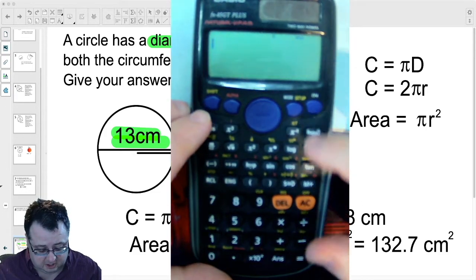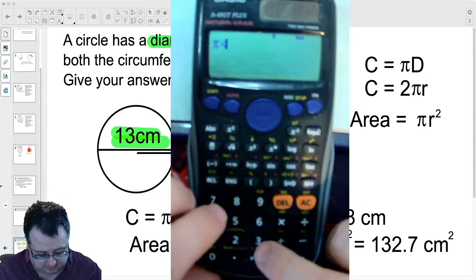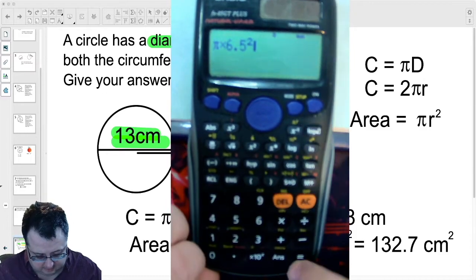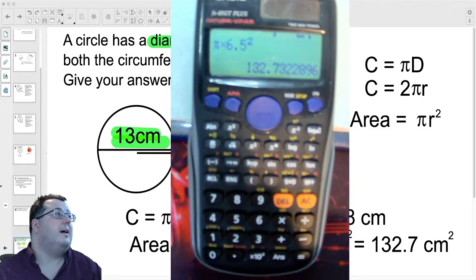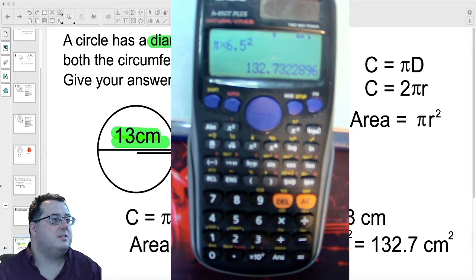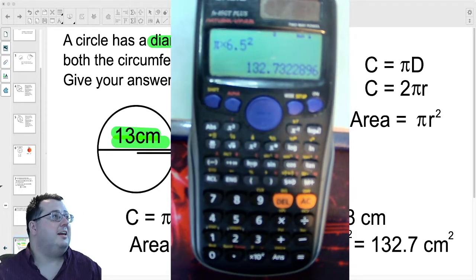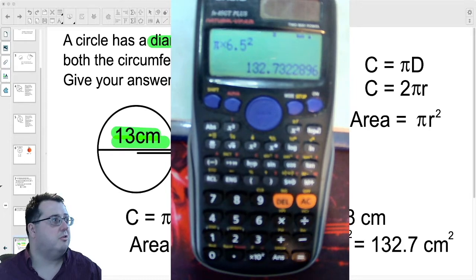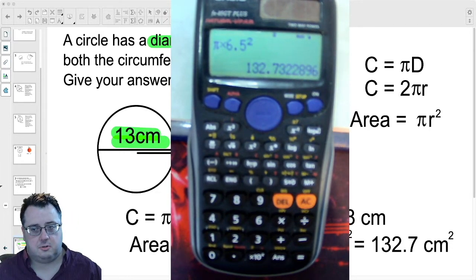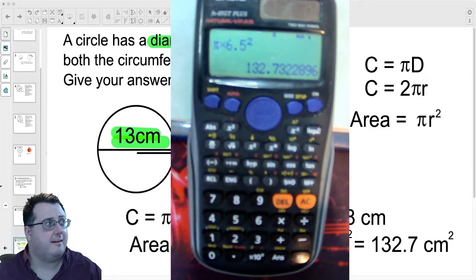So if I'd done that just by doing the pi times 6.5 squared, we get the same answer. So it didn't matter in this case putting in the brackets. However, in some cases it might. So be wary of that, and good luck in your future question solving of circles with circumference and area.